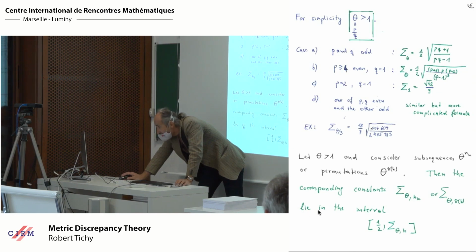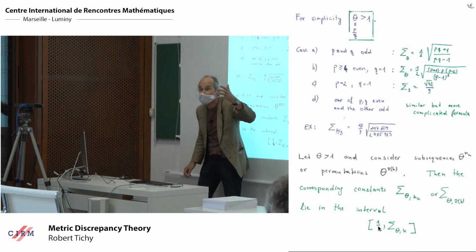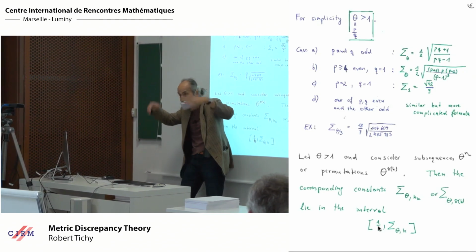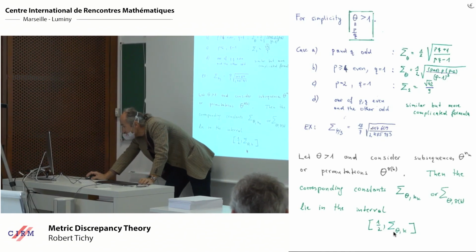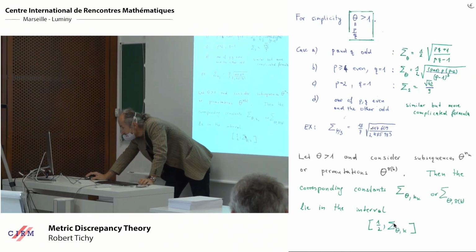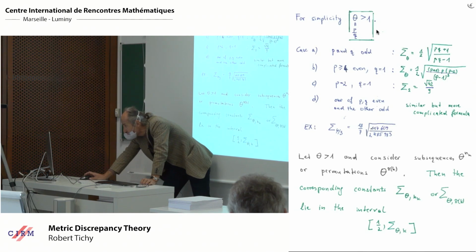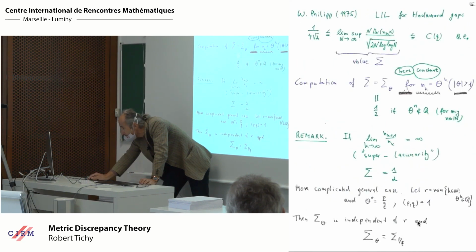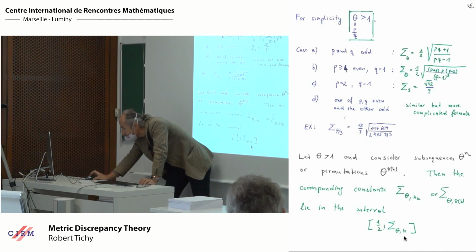They lie now in the interval, you see, left hand side 1/2, which is the value of the constant for the true random sequences or for super exponentially growing sequences, and some constant sigma theta, which is the constant we just computed above for powers of theta to the k.